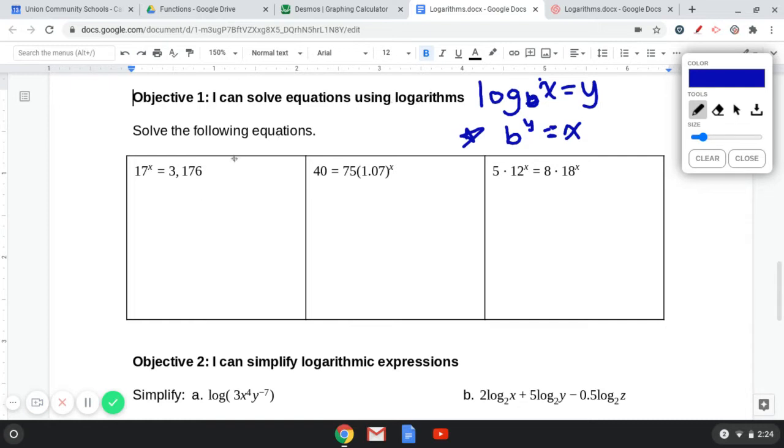This is 17 to the x, so our base is 17. So this will be log base 17 of what our exponential expression is equal to, which is 3,176, and that is equal to x.